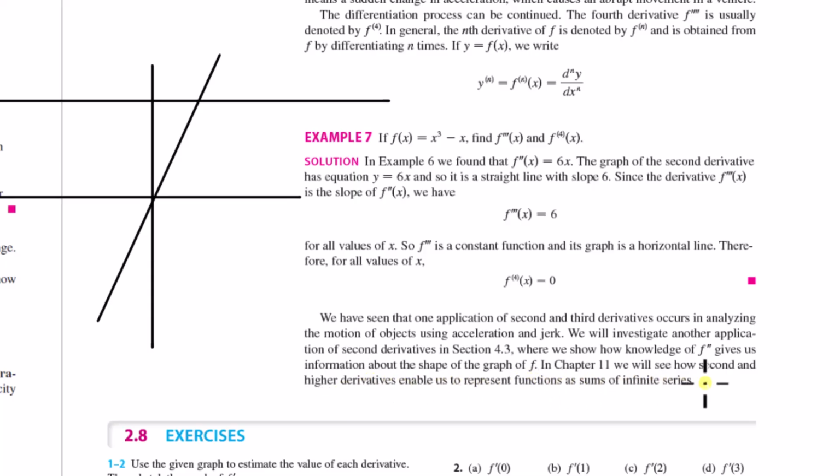In chapter 11, we will see how second and higher derivatives enable us to represent functions as sums of infinite series. So if you feel like you don't have a full comprehension of exactly how the second derivative and the third derivative work and what they mean, don't worry about it. We're going to get into a lot more detail on the meaning of higher order derivatives as we continue in the course.